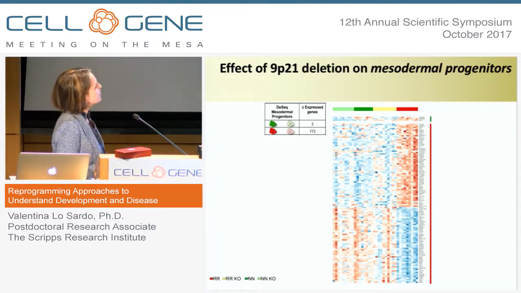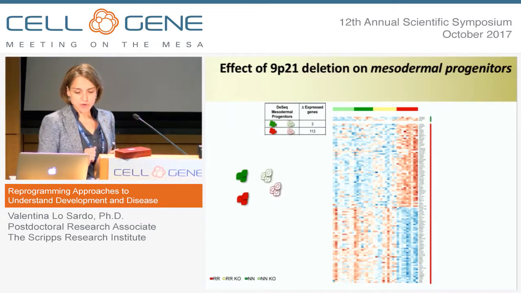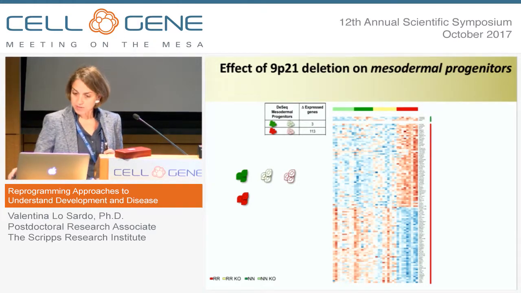I think you can appreciate from this heat map that the risk cells look very different from the other 3 genotypes, even the knockout of the risk. So if these are our 4 lines, the knockout risk looks more similar to the non-risk cells.